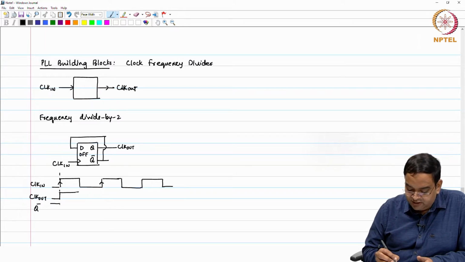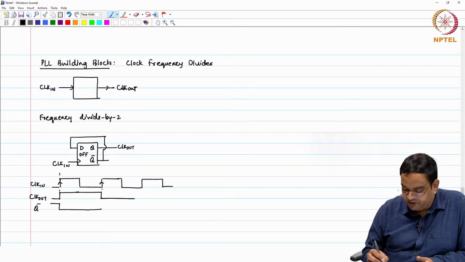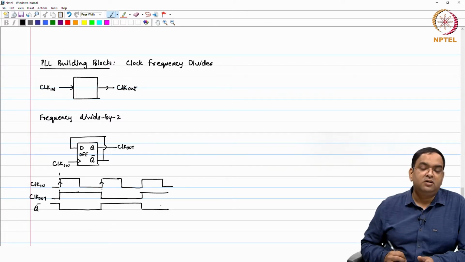Because Q bar has now become 0, at the next rising edge your input was 0. So, you get divided by 2. In this way you can very well implement a divide by 2 clock.